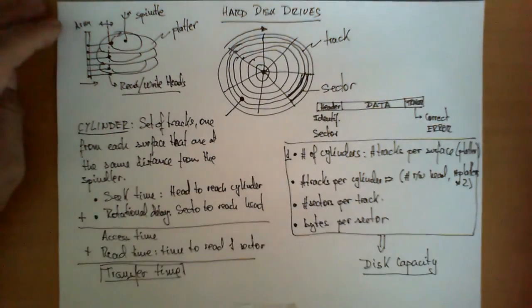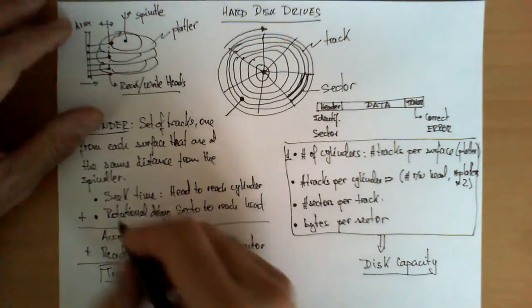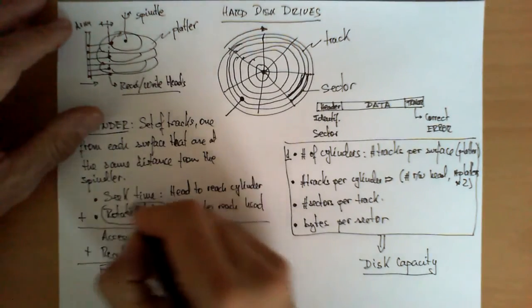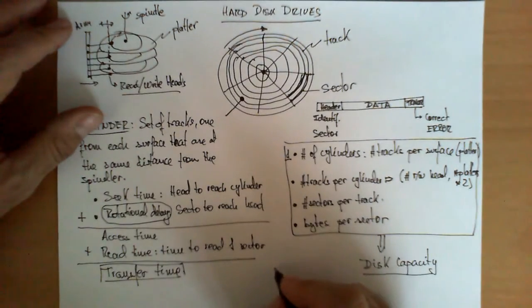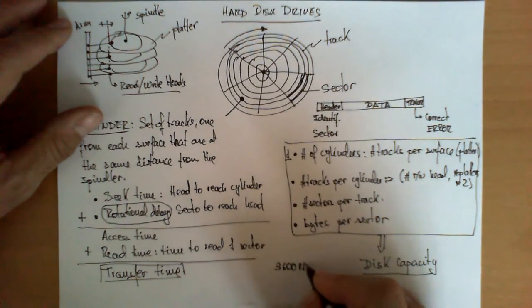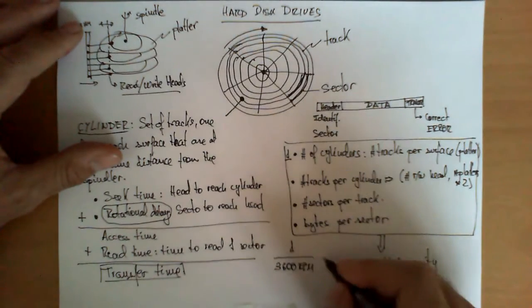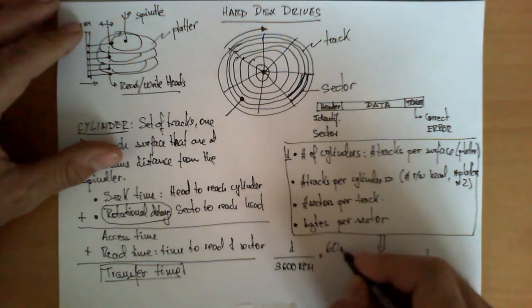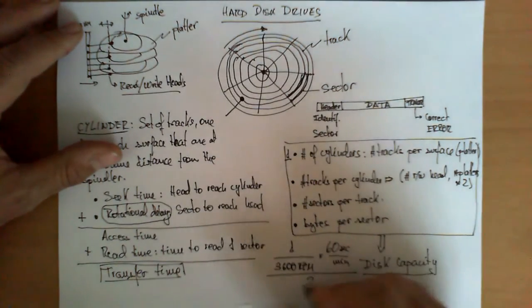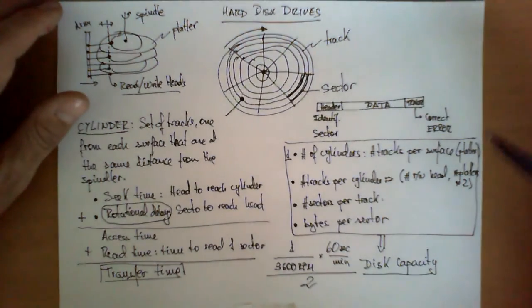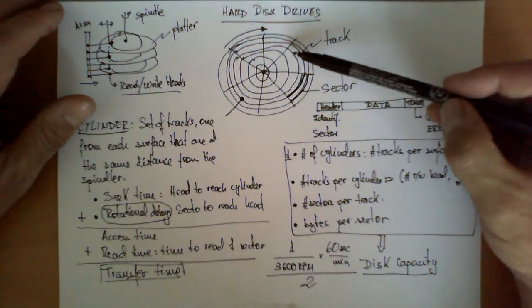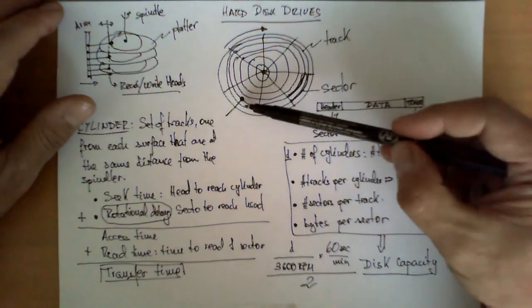Now, to give an example of the type of magnitudes we're talking about here, let's focus on the rotational delay. Suppose there is a disk that is spinning at 3600 RPM. With a very simple operation, we take the inverse, multiply by 60 seconds per minute, and divide by 2, and this corresponds precisely with the time it takes a sector to perform half a rotation.